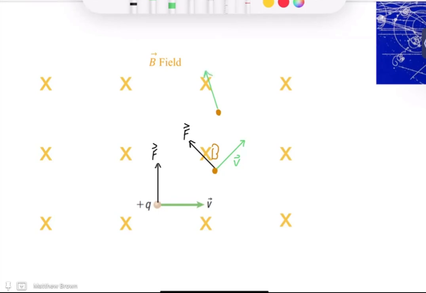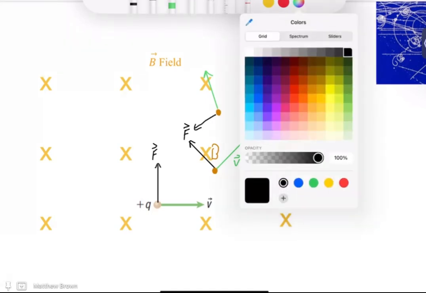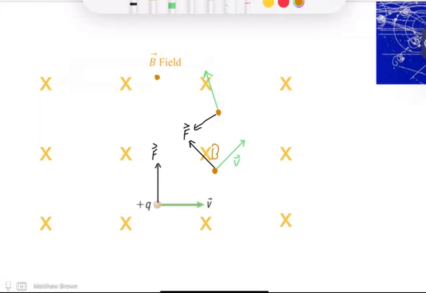And you can repeat this process. Use your right hand, point your thumb in that direction, and keep your fingers of your right hand pointed down into the page. Now your palm faces over here. And you can try this with your own hand. You should see this. Oh, sorry, that's not a good drawing.